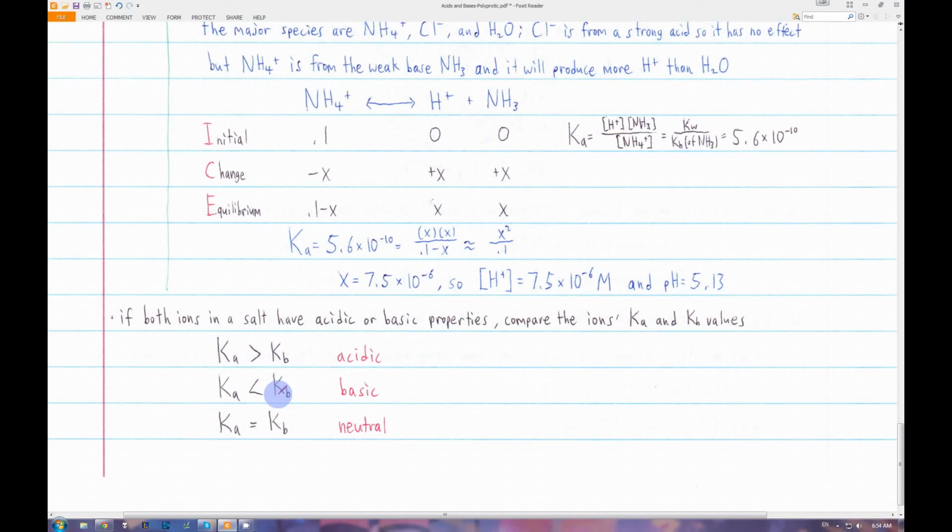If the Kb of the ion is greater than the Ka of the other ion, it will be basic. And the last case is if the Ka of the acidic ion and the Kb of the basic ion are equal, then we have a neutral solution. Again, these are just rough predictions of what will happen. You can't really be sure.